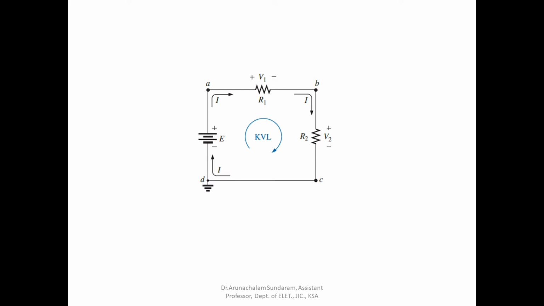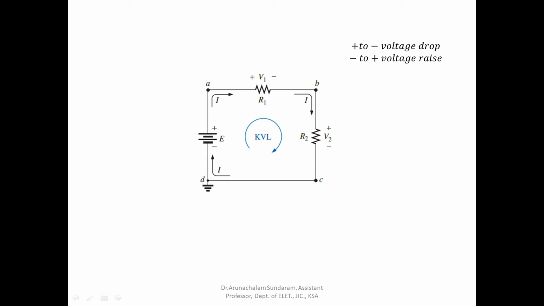Now the next thing you have to remember is, when you go from one point to another, you have to see the polarity. If you are moving from plus to minus, it is called a voltage drop.